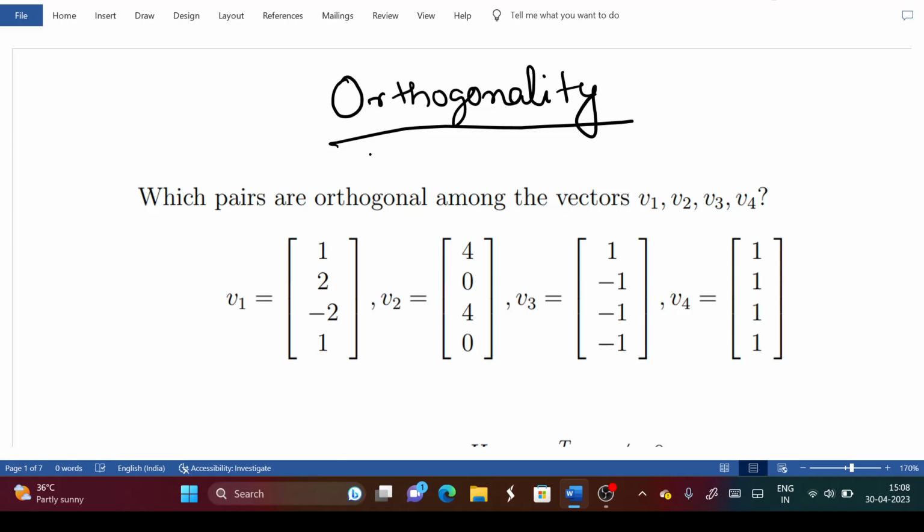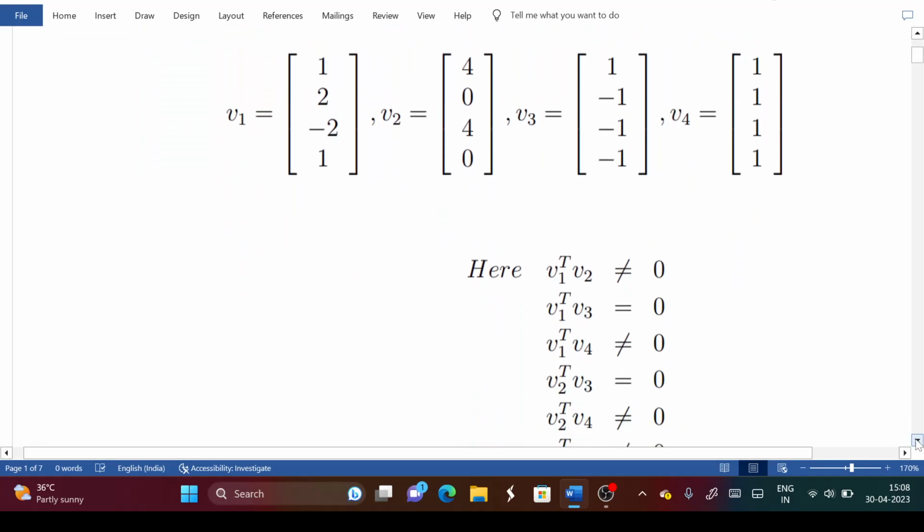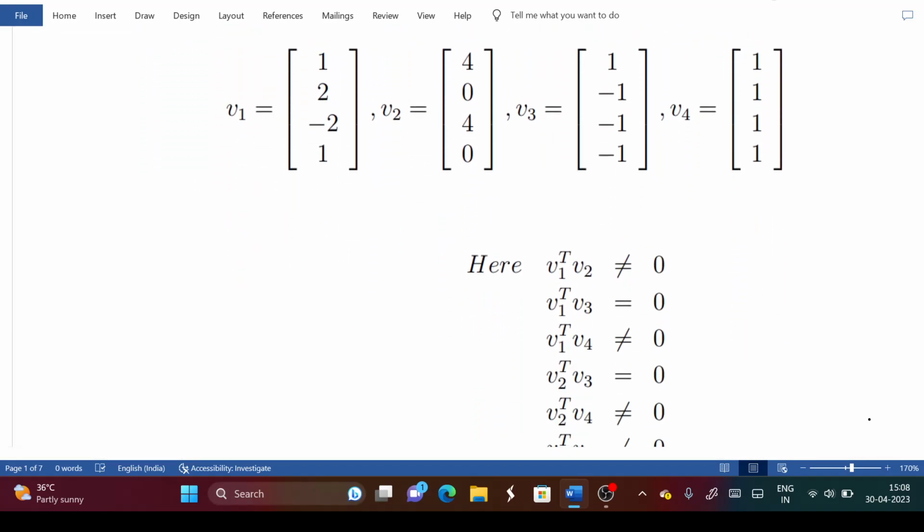So let us discuss. These are the questions: which pairs are orthogonal among the vectors v1, v2, v3, v4? Here v1 transpose v2 is equal to what?